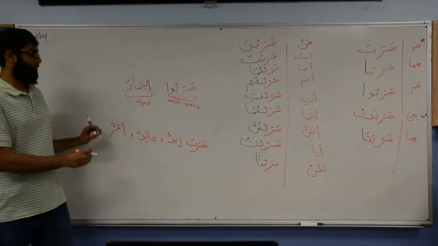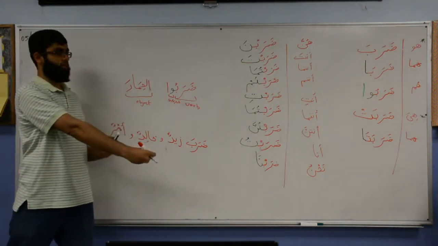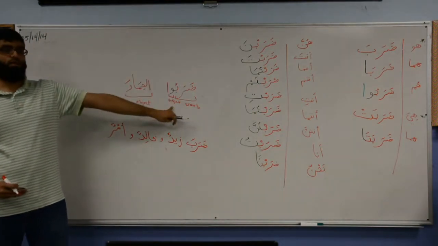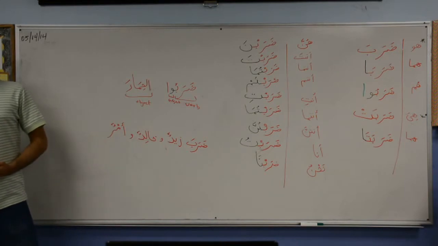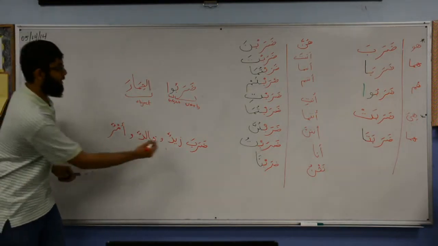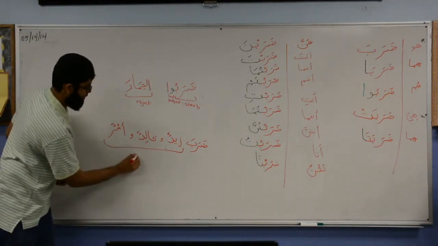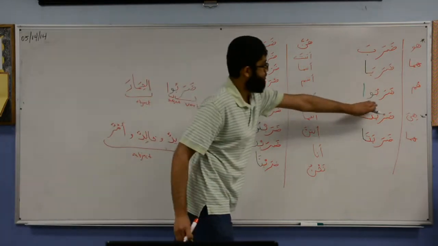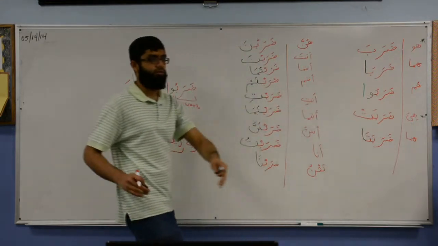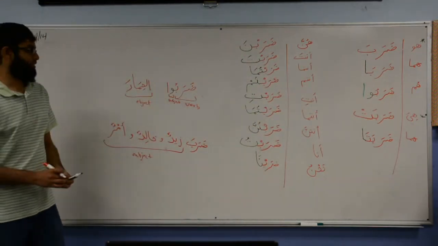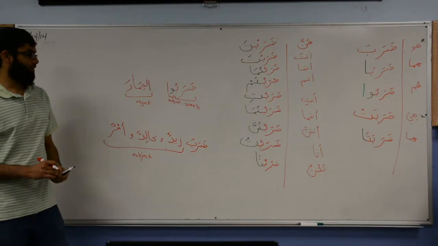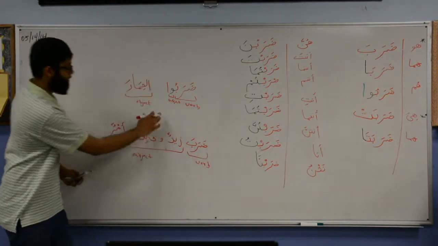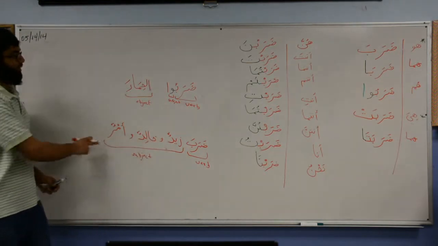So when I don't enumerate the subjects, I can just put wow for the subject. But when I list them out and say them individually, then this is my subject. So all I need is just the verb part, because the verb part is just daraba. Whatever is added onto it is the subject. So here's my fi'l, here's my fa'il, Zaydun wa Khalidun wa Amrun.